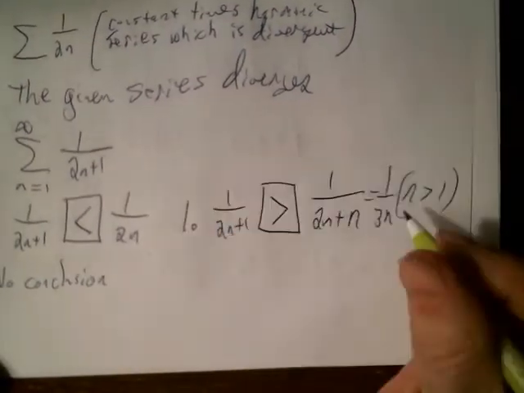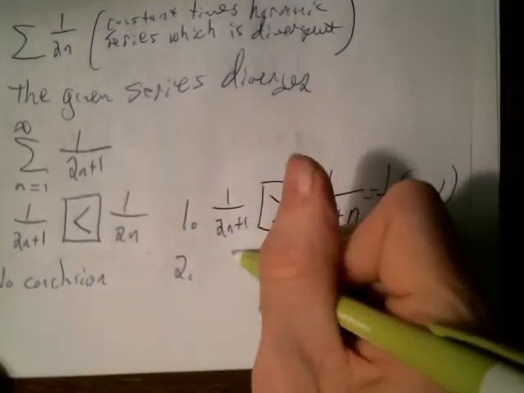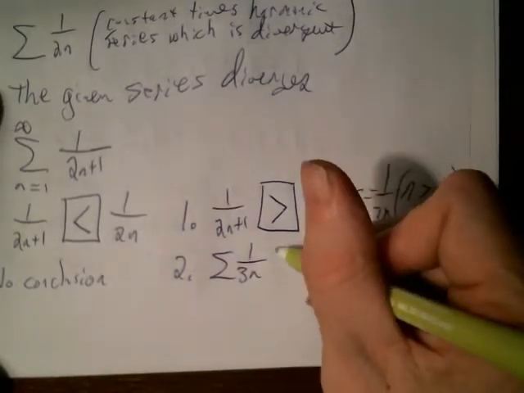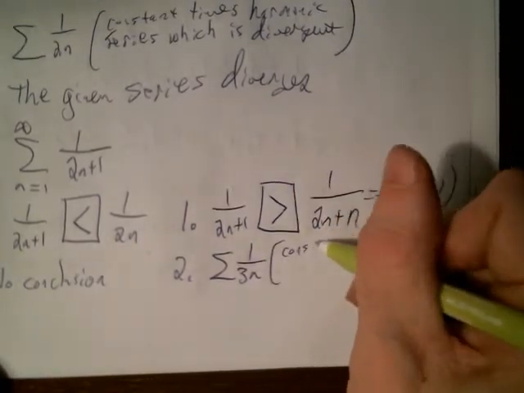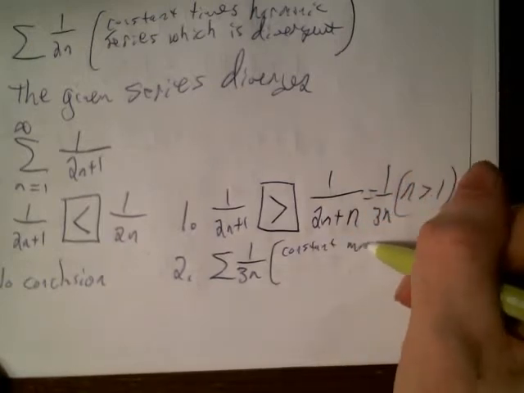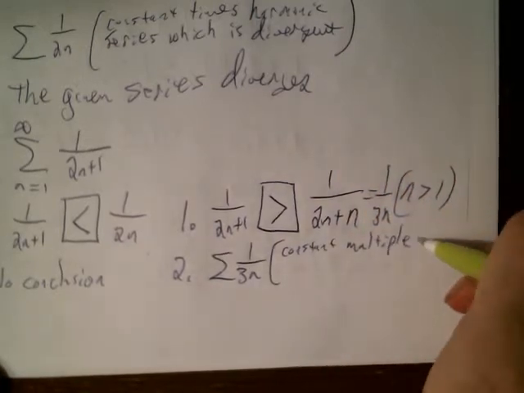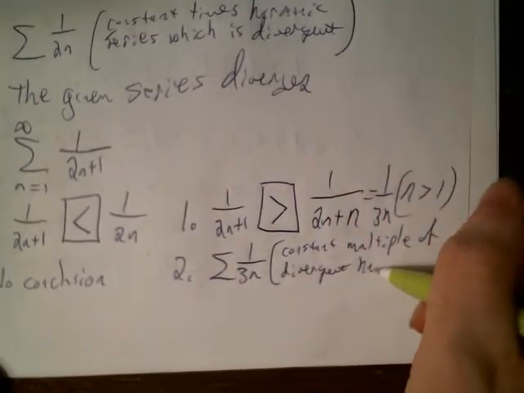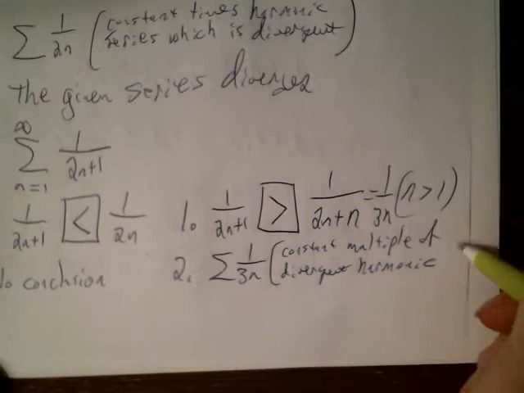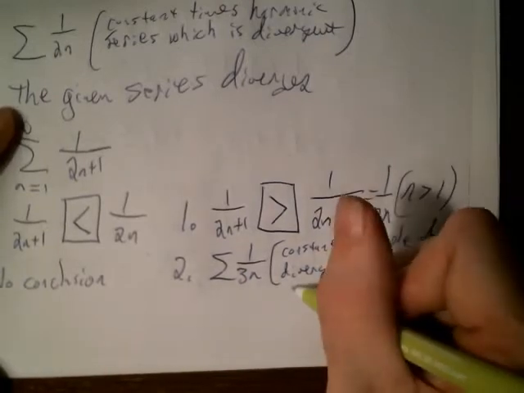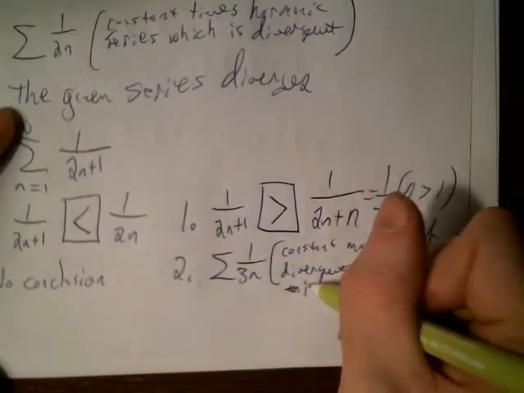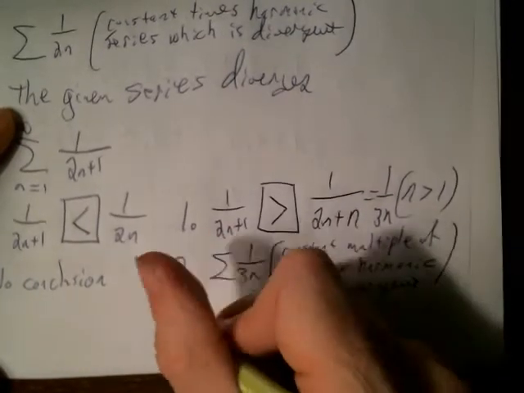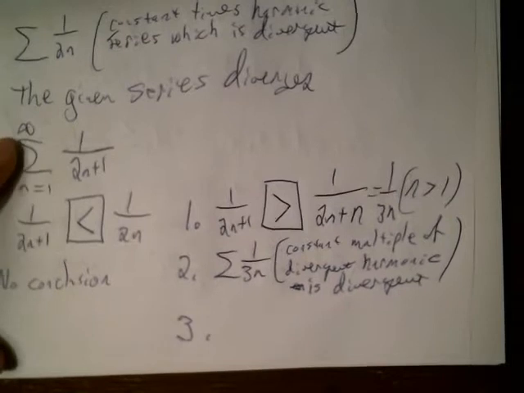Right? And then this guy is just a constant multiple of the divergent harmonic. And therefore, it's also divergent. Okay, so my conclusion is that the original series diverges.